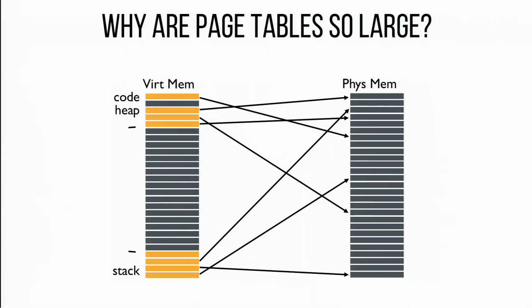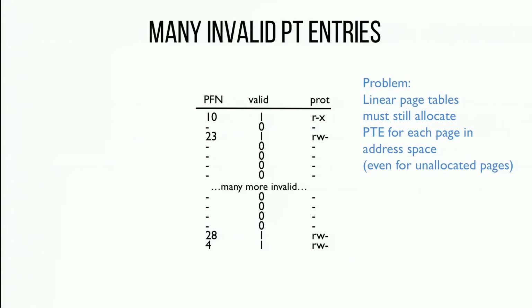But the problem is we have all of these pages in our virtual address space. And I guess it's good that we don't have to allocate any physical memory for them, right? They're not allocated, they're not valid, they're not being used by the program. So we're not allocating any space for them in physical memory. The OS knows that, and it doesn't do that. If you look at what the page table would look like for that previous program, you would see that the first couple of entries are valid, and then the last couple of entries are valid, pointing to whatever this user had in the stack.